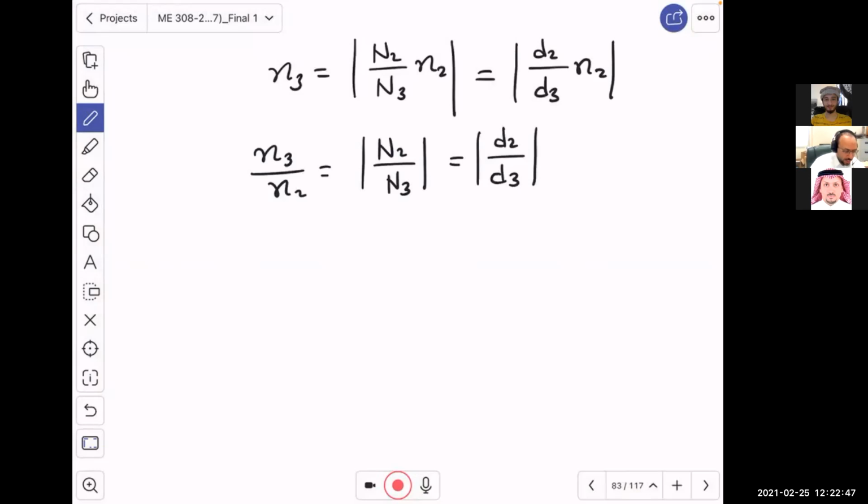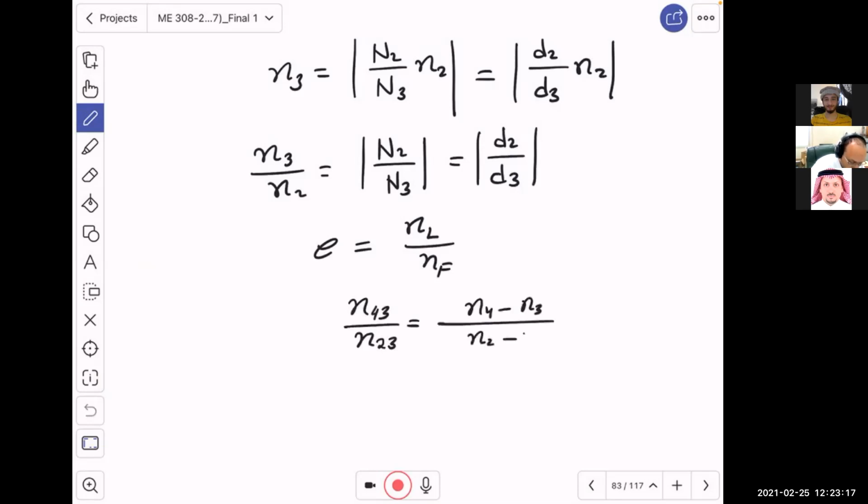Now, just for the record, E, the train value, is equal to N for the last divided by N for the first. Correct? So if I have the equation N4,3 divided by N2,3, which is equal to N4 minus N3 divided by N2 minus N3, forget about the 3. 3 doesn't have any number of teeth, right?